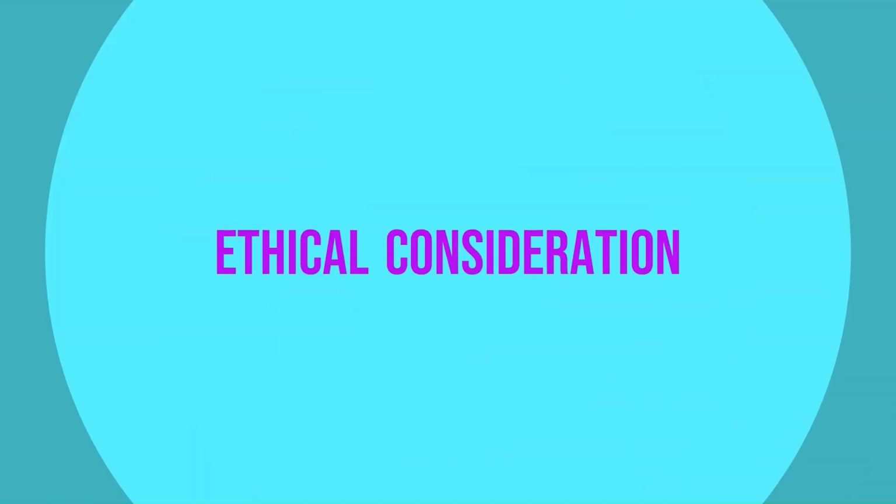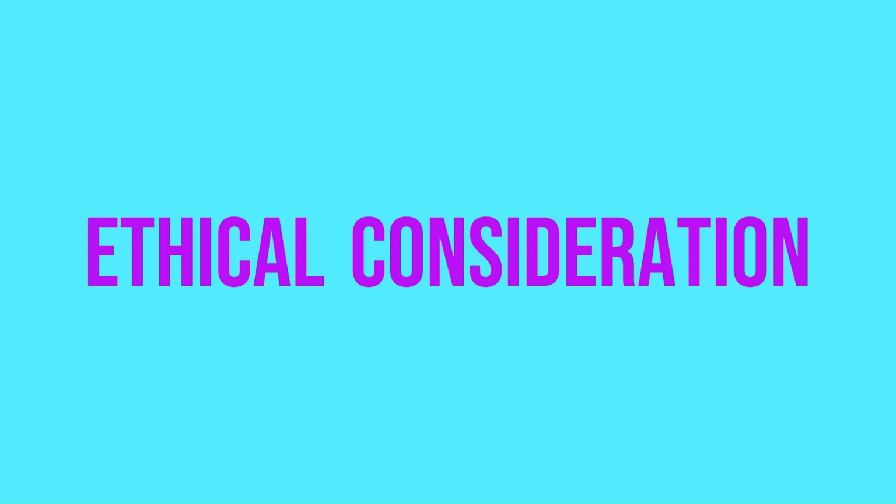Now let's move on to the next section of the research proposal, which is the ethical considerations. And this is one of the often overlooked sections, I would say. So if your research involves human participants, sensitive data, or even animals, you need to ensure that your study is ethically sound.